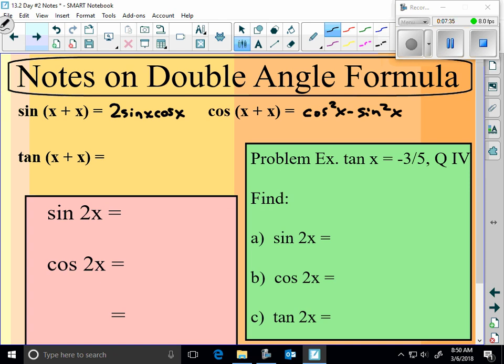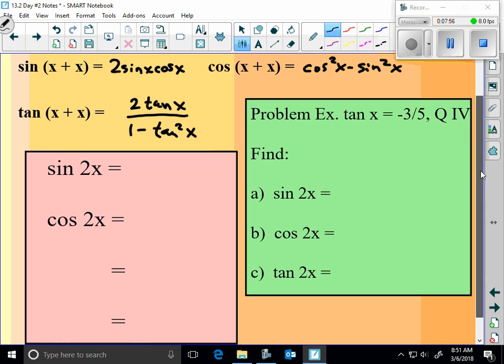Remember, tan of A plus B was tan A plus tan B over 1 minus tan A tan B. If it's tan of x plus x, it'd be tan x plus tan x, which is 2 tan x over 1 minus tan squared x. So that's tan 2x. Sine 2x we already have, which is nice: 2 sine x cosine x.